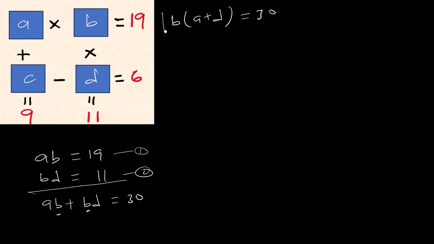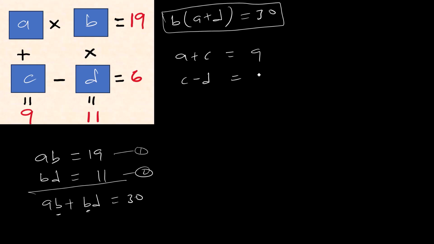Okay. So let's keep this. Okay. And A plus C is 9 and C minus D is 6. Okay.